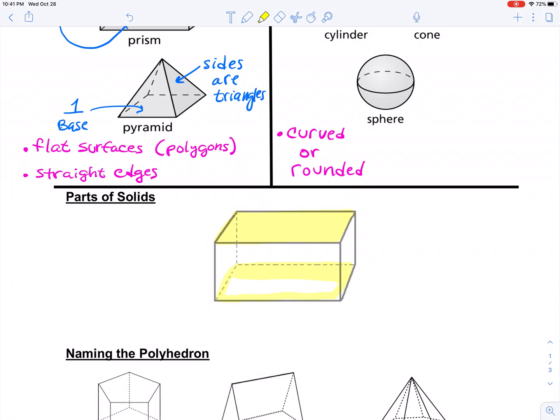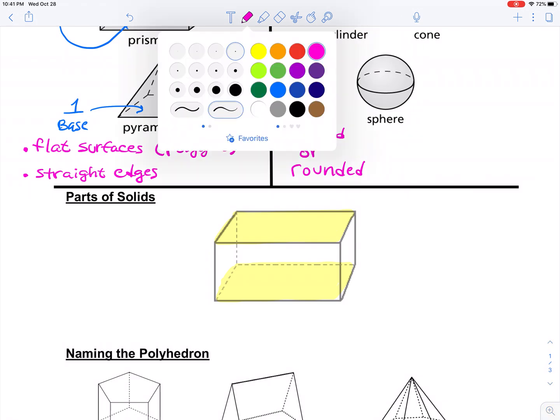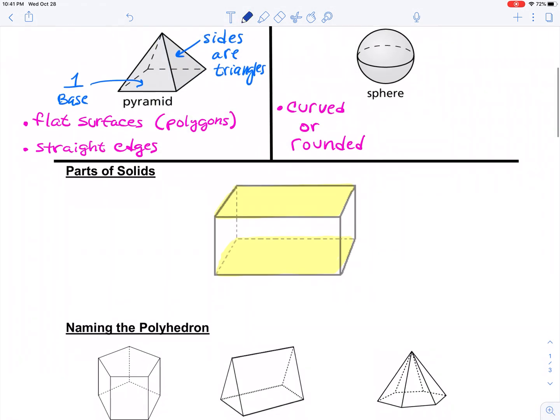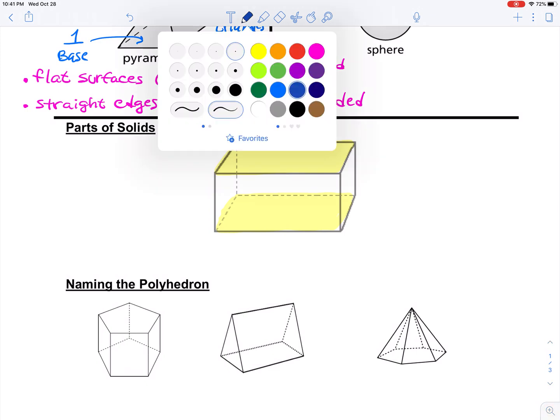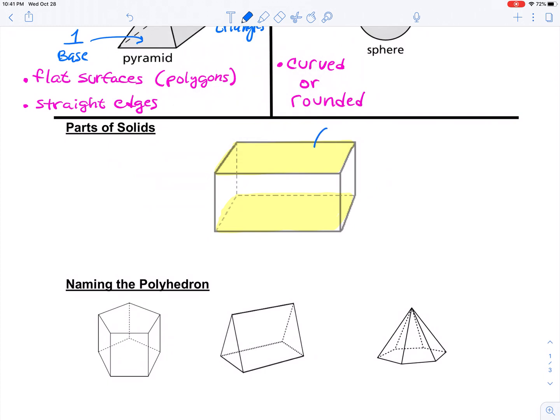It helps see it clearly. Okay, the parts, starting with the base. So you have the top, here's the base, and remember it's congruent and parallel to the base on the bottom. Just as a reminder, they are congruent and parallel.